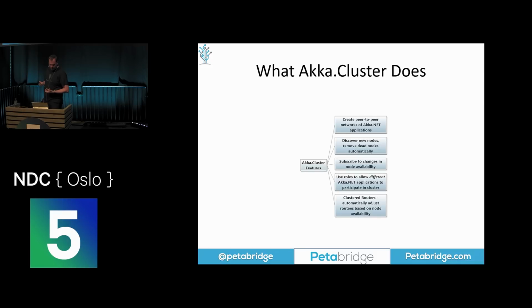Now, the last thing I wanted to mention is a couple of the other important features Akka.NET Cluster has. One feature that's quite useful is called roles. These are tags or labels you can apply to each node inside your cluster. This allows you to build a heterogeneous application where there can be different services that all work cooperatively together inside the peer-to-peer network that do different things.